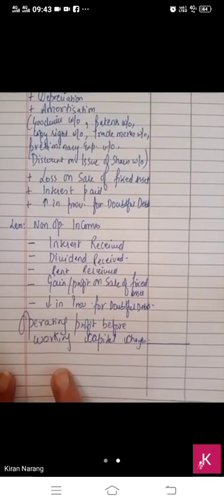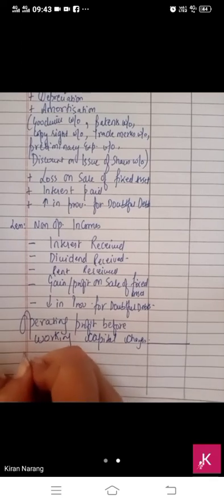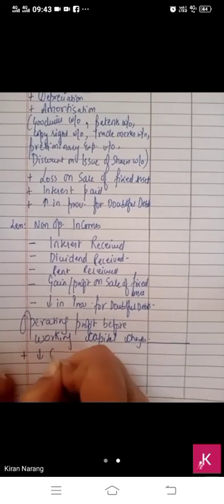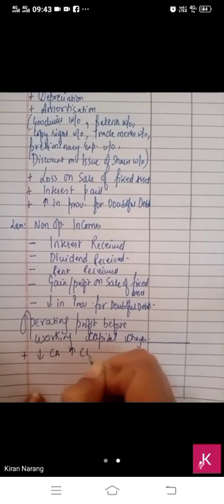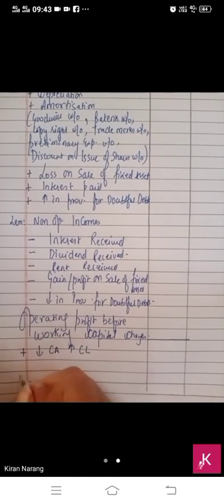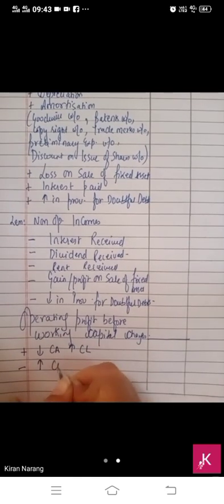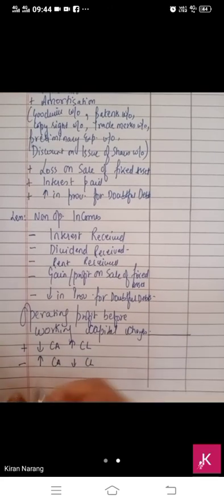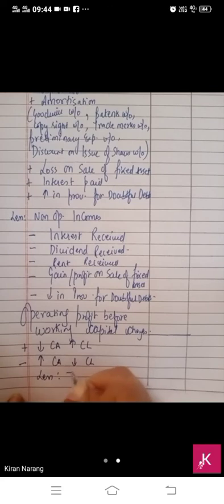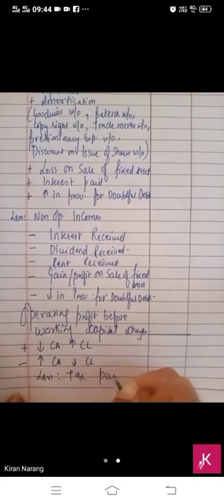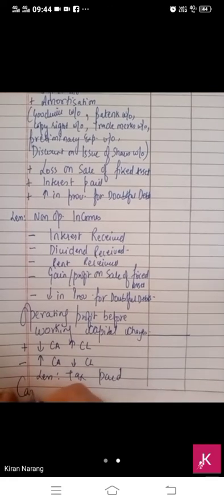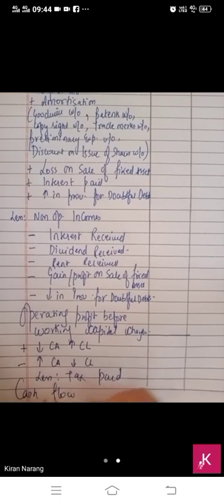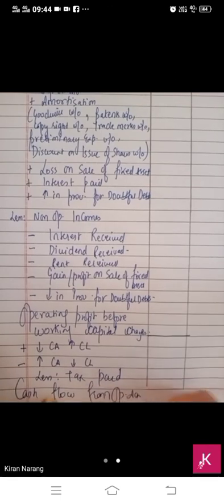Now we have to record the changes in working capital. Decrease in current asset and increase in current liability will be added, and increase in current asset and decrease in current liability will be subtracted. And at the end we will subtract tax paid. The answer will be cash flow from operating activities.